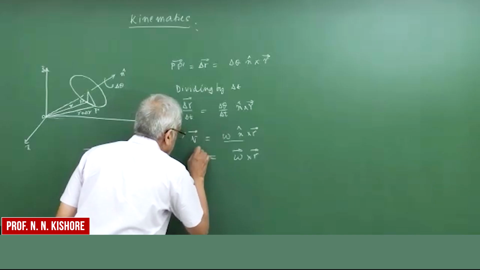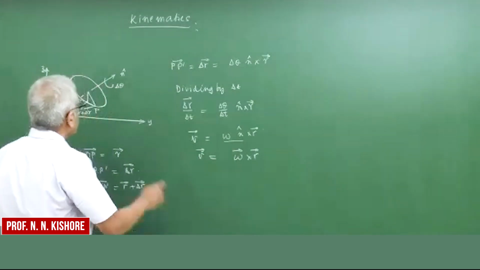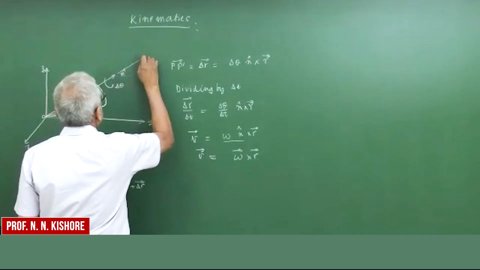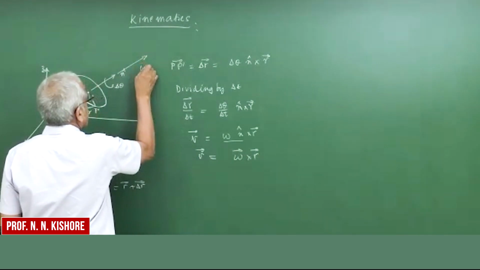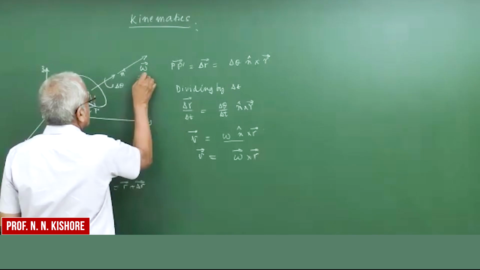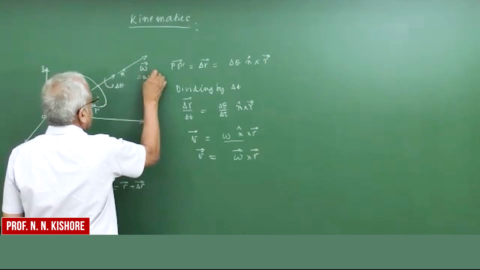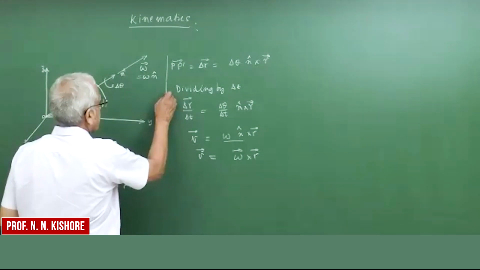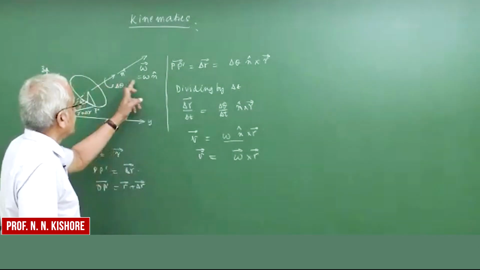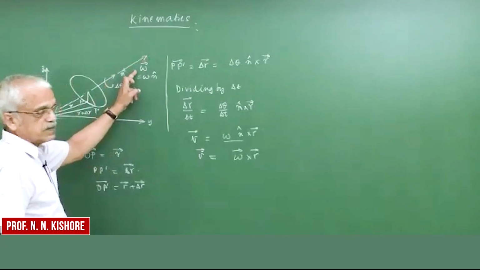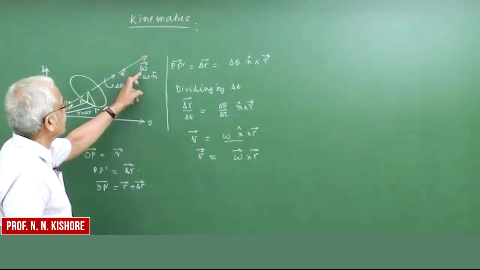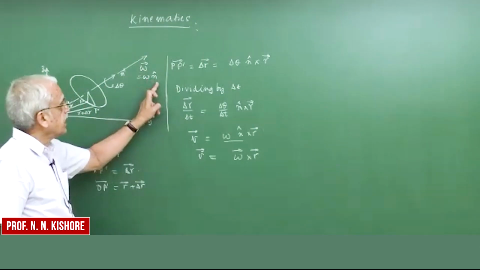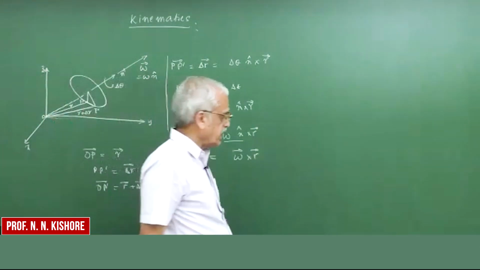So that means that this n delta theta, instead of that, we call this a vector omega, whose magnitude is omega and direction is n. The same direction also represents the omega vector, whose magnitude is omega, and you can also say n.